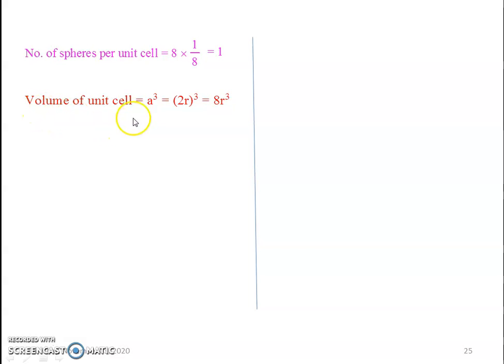So the volume of the unit cell is equal to edge cubed, that is a cube, and you know a is equal to 2r, and therefore it is equal to (2r) cube. So this is equal to 8r cube. Again, the volume of a sphere or atom is a constant, 4 by 3 pi r cube.